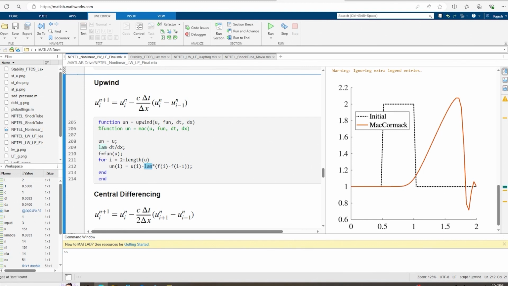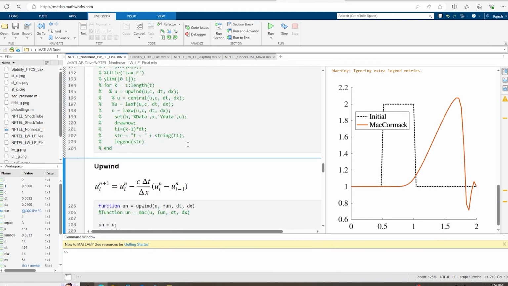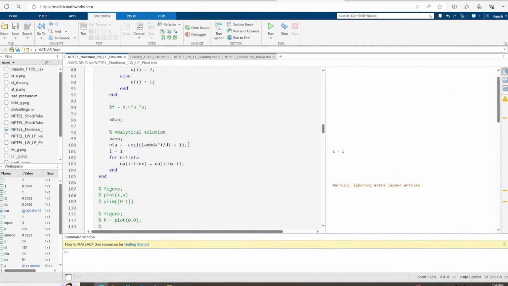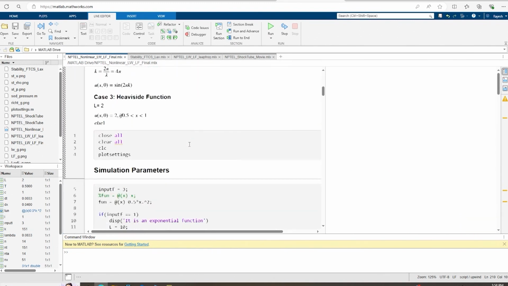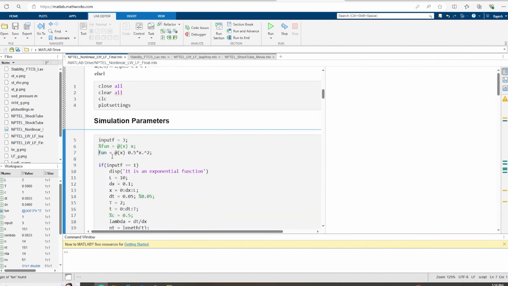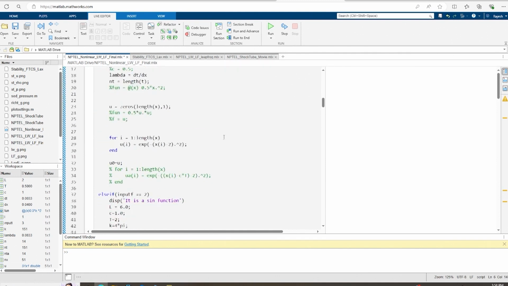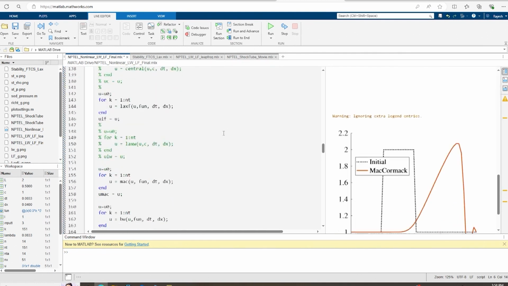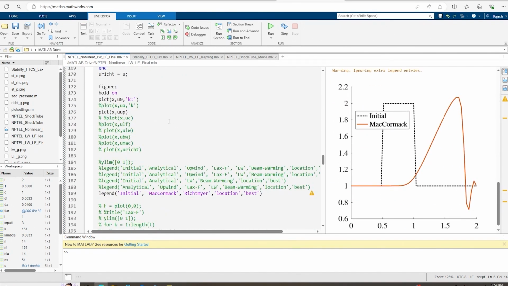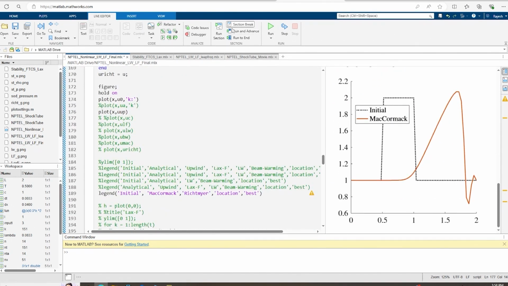And I just changed ui to fi. What I will do is first use the linear function, so the function is just x, so f is equal to u. So, we are solving del u by del t plus del u by del x equal to 0, and looking at different schemes. Start with the upwind scheme. Let me run it.